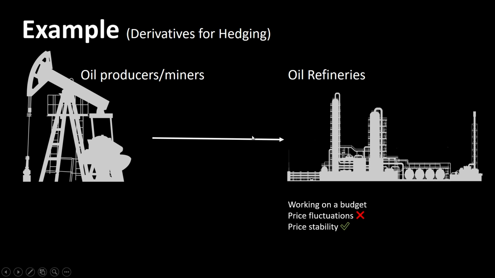What are they going to do? They're going to make a deal with the oil producers. This deal is in the form of a contract. So this contract is to buy oil at a later date for the current price.